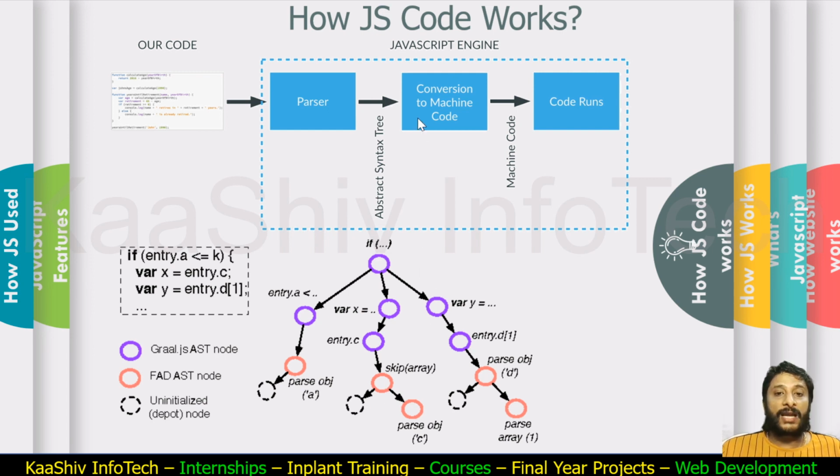And afterwards it is converted to machine code, what your computer will understand, zeros and ones. So converting to the machine code, and the machine code is ready and the code is running. This is how the program works. Okay, so this is how your JavaScript code works.